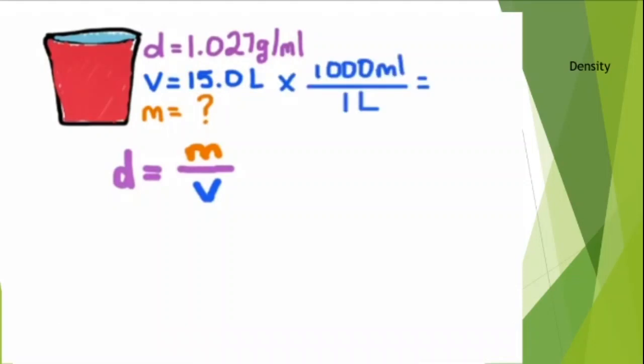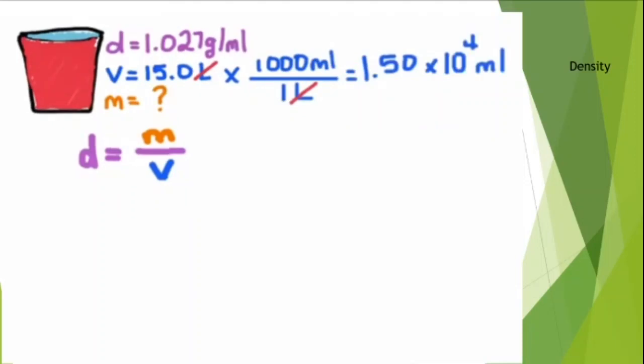There are 1,000 milliliters for every liter, and I can see my liters will cancel out and I'll be left with milliliters. And so 15 liters is the same as 1.5 times 10 to the 4 milliliters, or in other words, 15,000 milliliters.